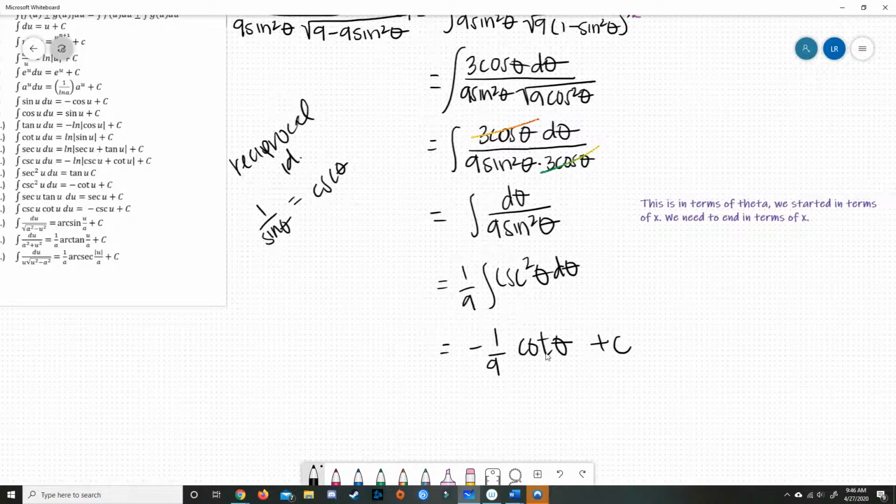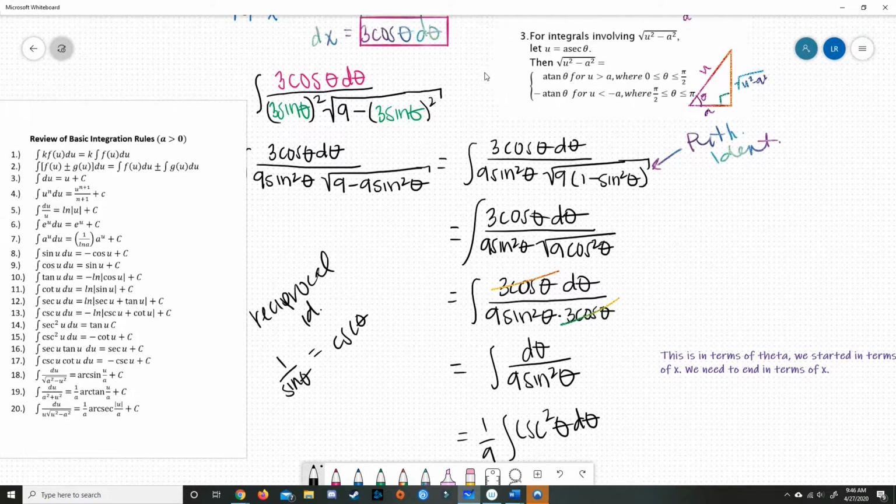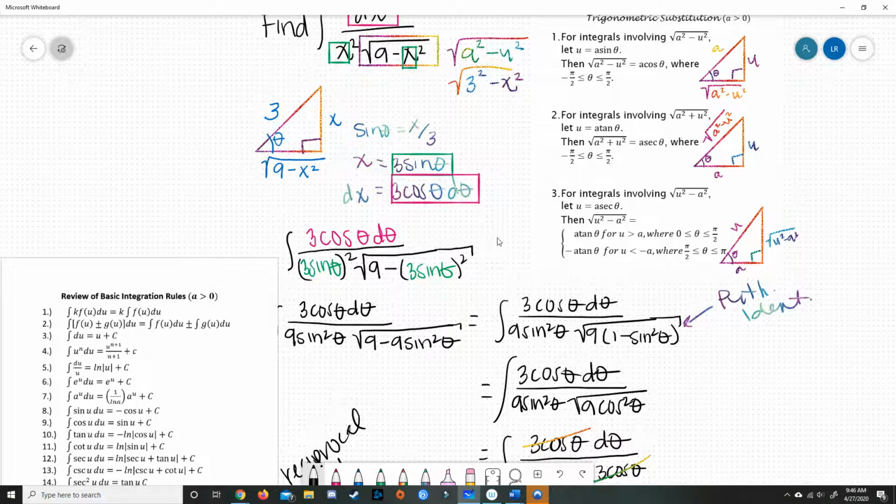This is cotangent of theta. I could go back to my original triangle and figure out what cotangent of theta is. So I'm going to scroll back up to our original triangle. Remember, cotangent of theta is adjacent over opposite. Adjacent is the square root of 9 minus x squared, and opposite is x.